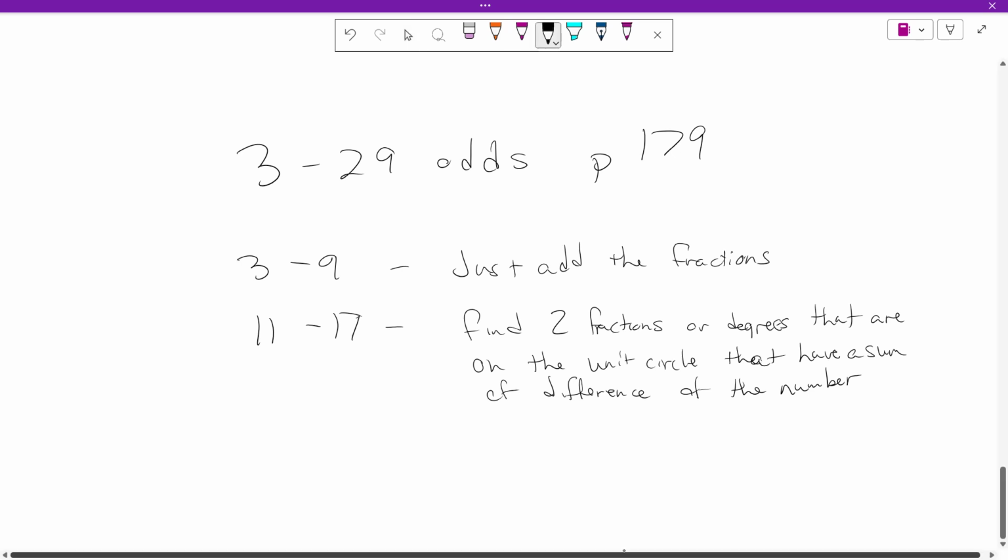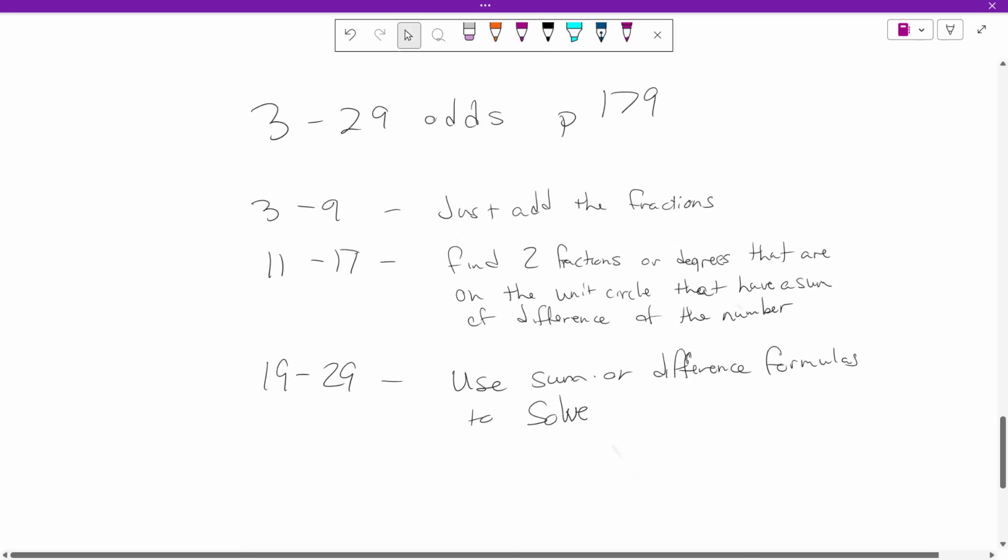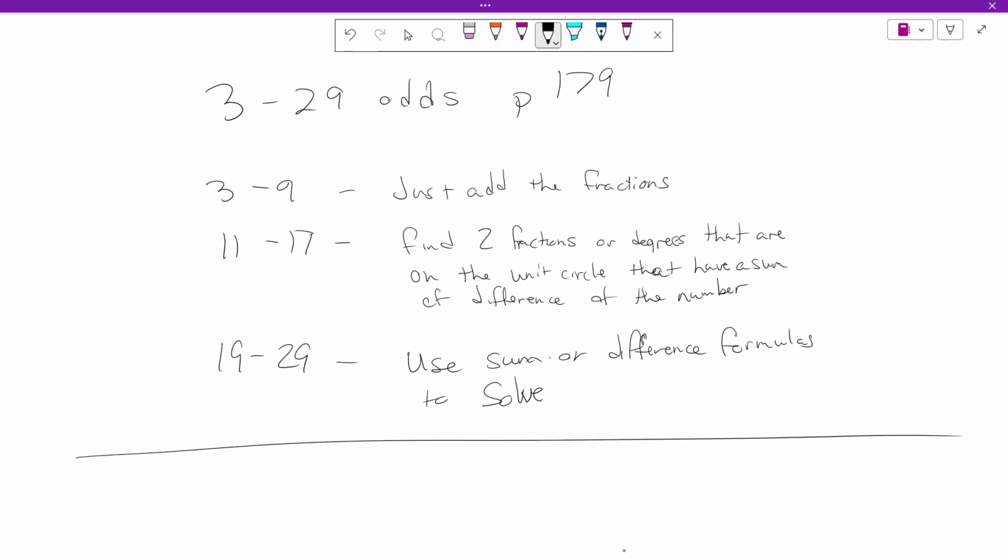And then on 19 through 29, that's where you use sum or difference formulas to solve. That's today. Next Wednesday, for all of you who are going to be gone, we're going to do section 3-4.